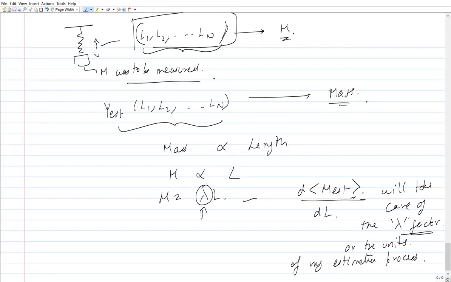So this is just a scaling thing. The random variable M estimate which you are going to get will be dependent upon L, and L is related to the actual mass to be measured by lambda. So all my variances might be scaled by some factor which I need to take into account, and this derivative takes into account that my estimator, the function which takes my measurement record as input, might have different units, or I might be measuring a different quantity in order to extract information about the parameter. So combining 1 and 2, I have the remedy.